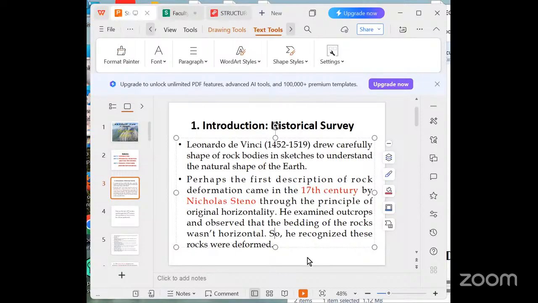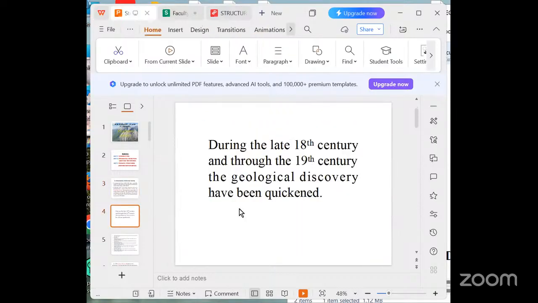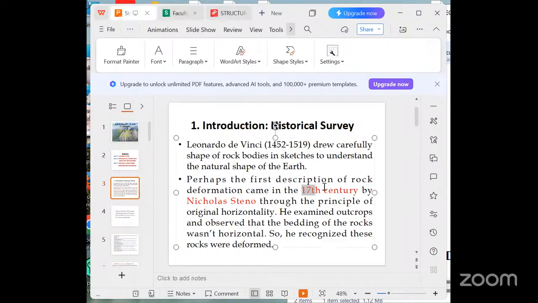So he recognized these rocks were deformed, right? This is the 17th century, right?